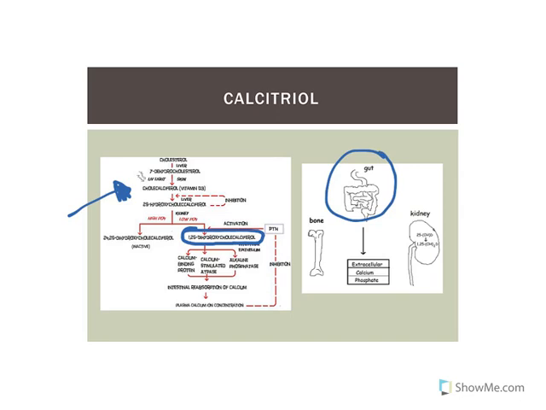But overall, what calcitriol does is increase calcium and phosphate, because you'll see here what it's going to do. In the gut, it increases calcium absorption, but it also increases phosphate absorption because they kind of like to hang out together.